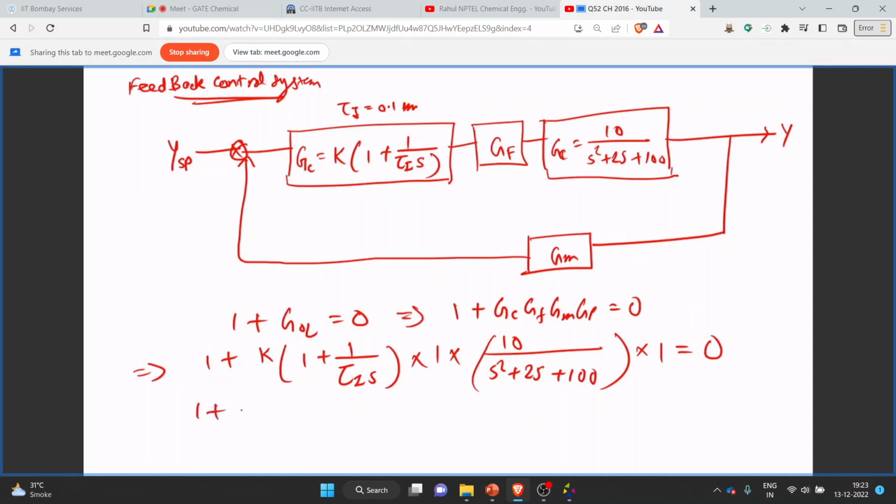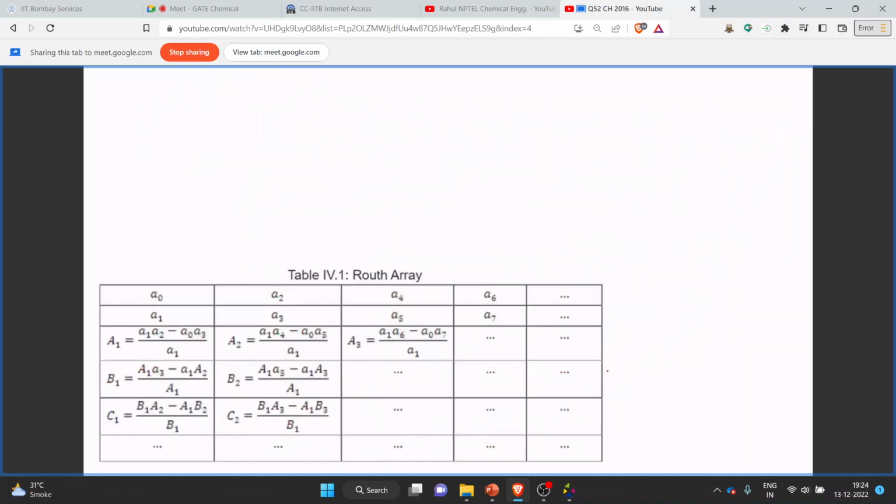So we will be having 1 plus K. Tau I is 0.1, so it will go over here and it will become (0.1 s plus 1) upon 0.1 s, into 10 upon S square plus 2S plus 100, is equal to 0. We can simplify this further to write 1 plus Kc into (s plus 10) upon (0.1 s cube plus 0.2 s square plus 10s) is equal to 0.